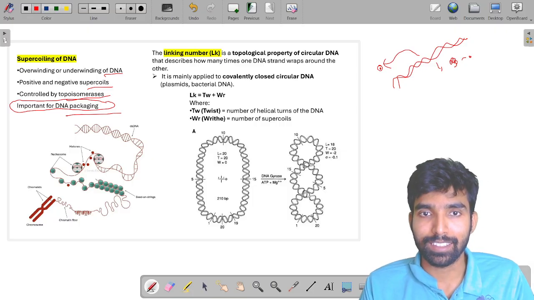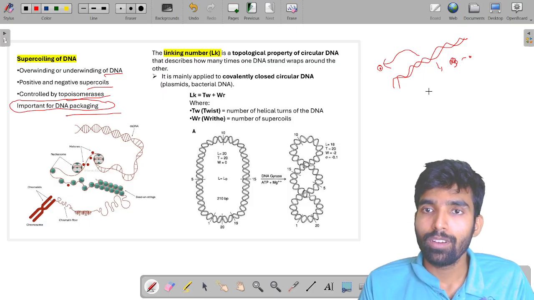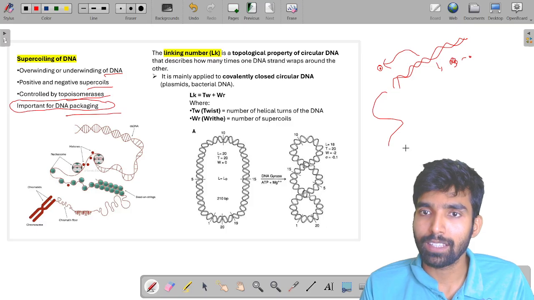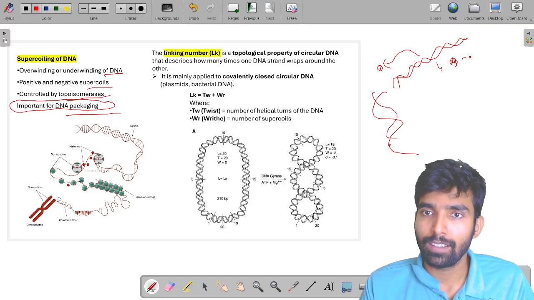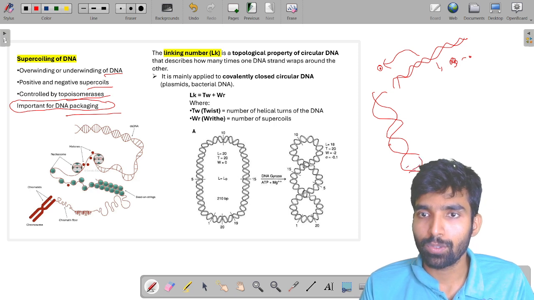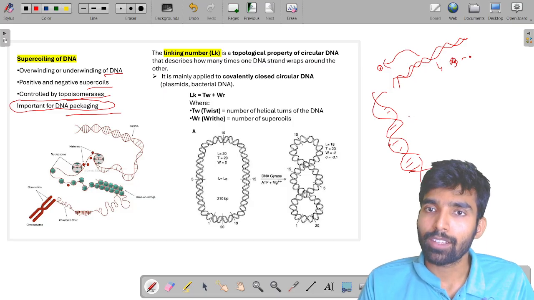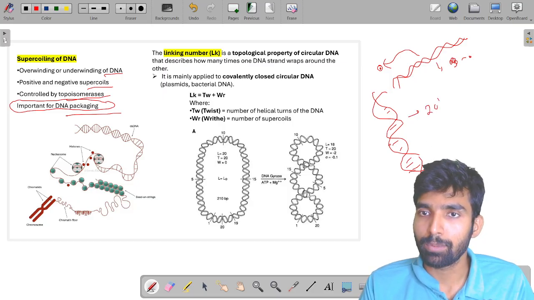Let's see how it works. Let's say you have one circular DNA. Let's say as of now you have a total of 20 base pairs, 10 and 10, and you have 2 turns.